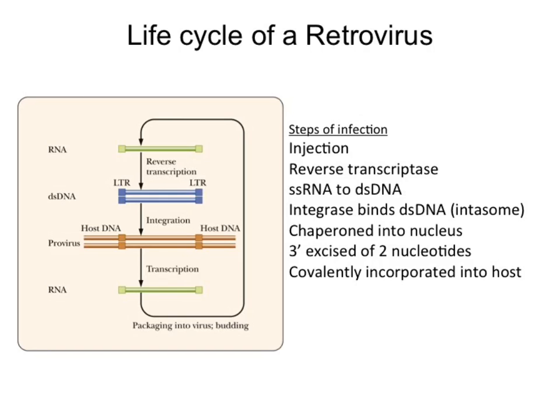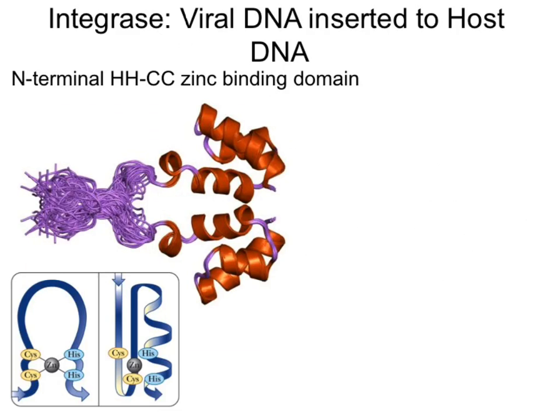There's an integrase enzyme that is going to take the double-stranded viral DNA and insert that into the double-stranded host DNA. So that integrase is kind of a neat little process. It helps chaperone into the nucleus. It goes through and cleans some of the stuff up, and then it incorporates it into the host. Once in, the host can now take over and do all the hard, busy work of replicating the virus.